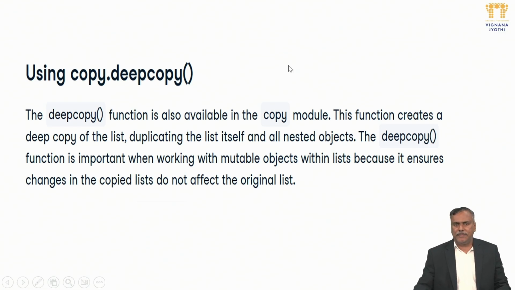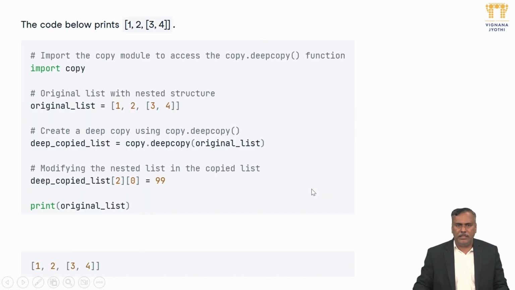You have seen that with shallow copy, if you make any change to the nested element in the original list or the duplicate list, you can find the change in both. But using deep copy, whichever list you make the change in, it applies only to that list and not to the other. So it ensures changes in the copied list don't affect the original list. That is what deep copy is.